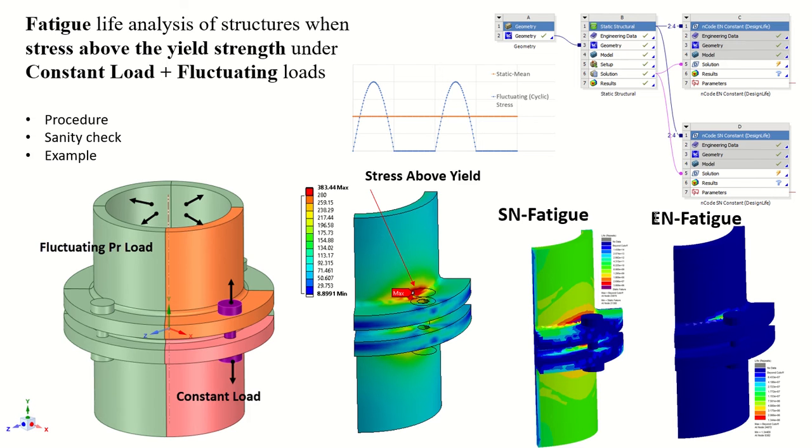As of April 2021, the Ansys Workbench Fatigue tool cannot handle this scenario of non-proportional loading under EN fatigue analysis. So one has to use the Ansys nCode DesignLife product to carry out this particular analysis.